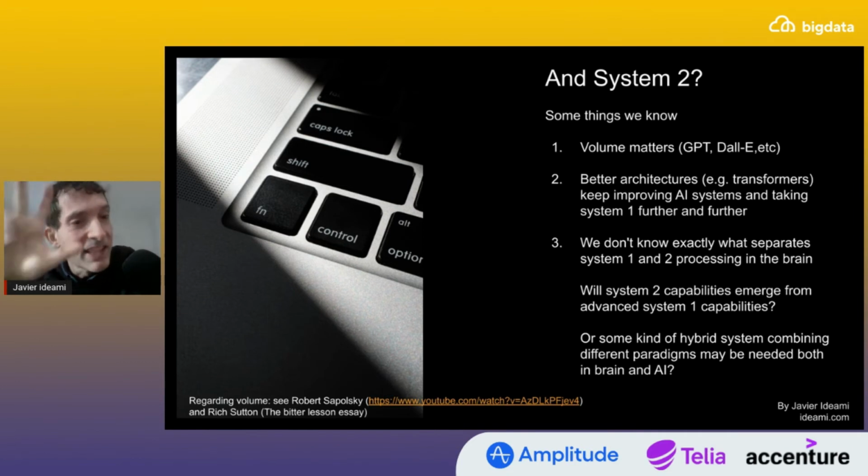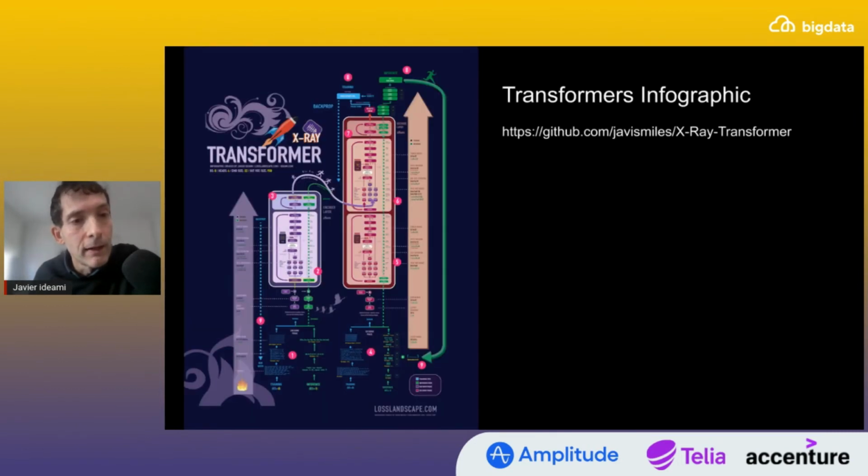So again, the scale, the volume, this has been demonstrated. Volume and scale matter, and they work qualitatively, not only quantitatively. But they are not enough. Architectures and paradigms are also crucial, and they must keep improving. Also interesting to read the bitter lesson essay from Rich Sutton, one of the godfathers of reinforcement learning.